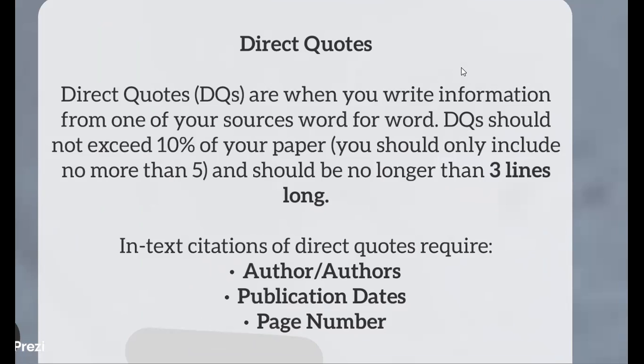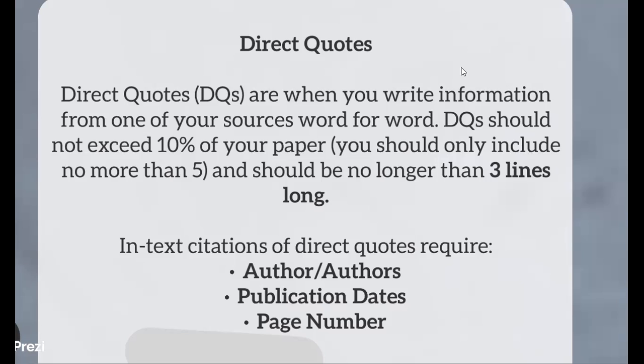You should only include no more than 5 and should be no longer than 3 lines long. In text citations of direct quotes require the author's name, the publication date, or maybe the page number. Hindi naman lahat may page number. That's why you're not recommended to put the page number when citing people. Again, guys, don't put the page number na.